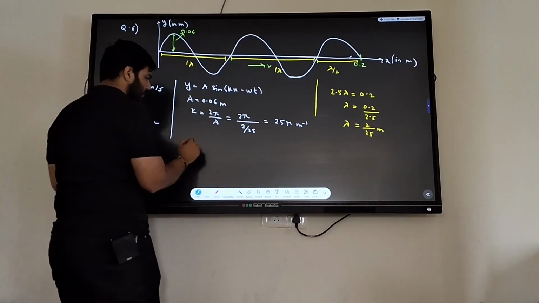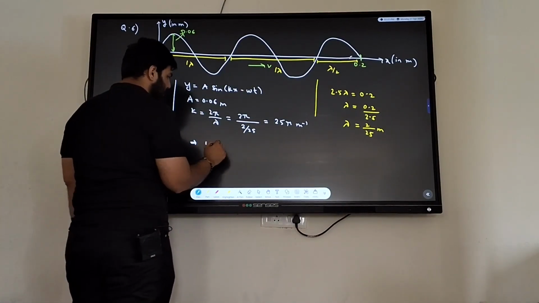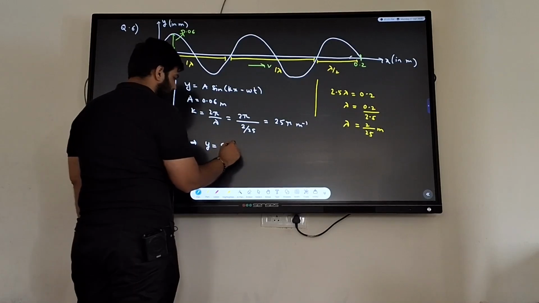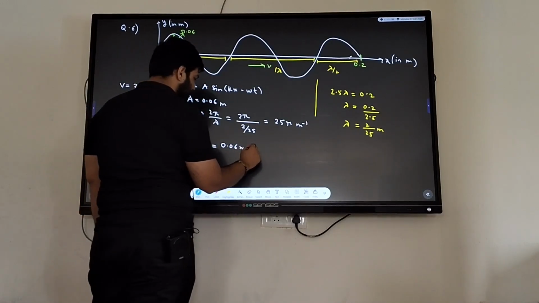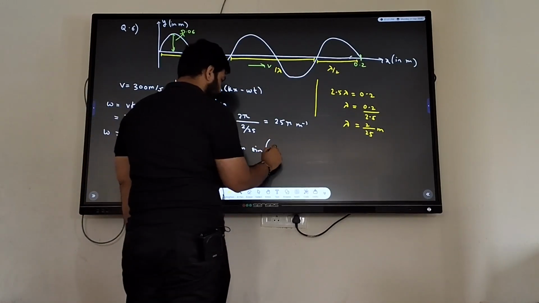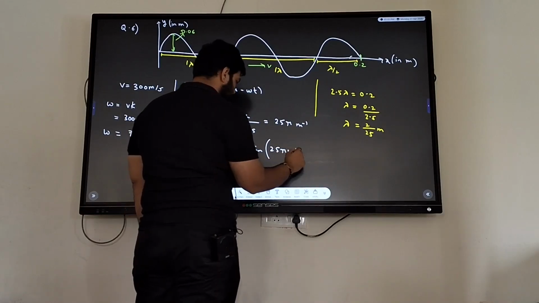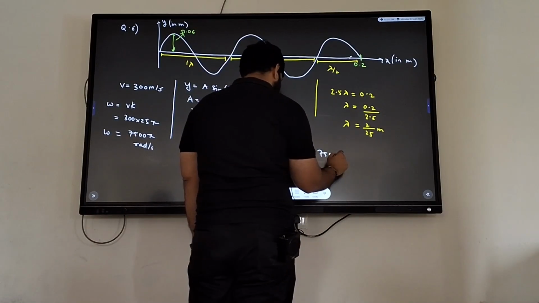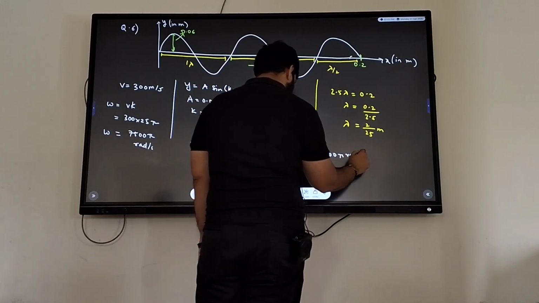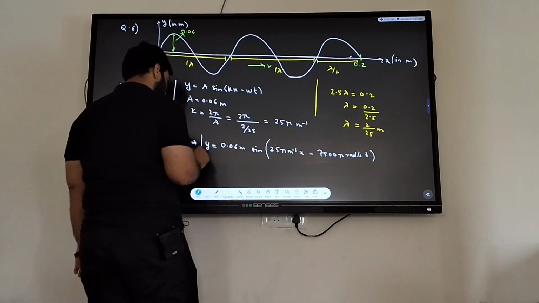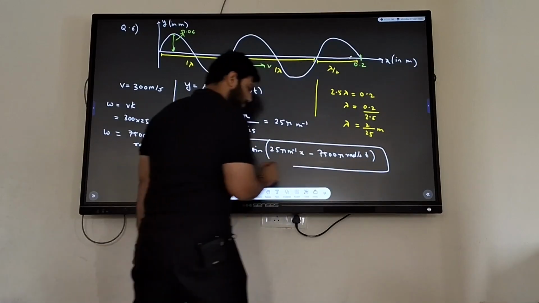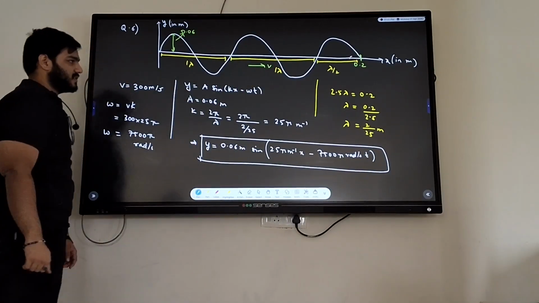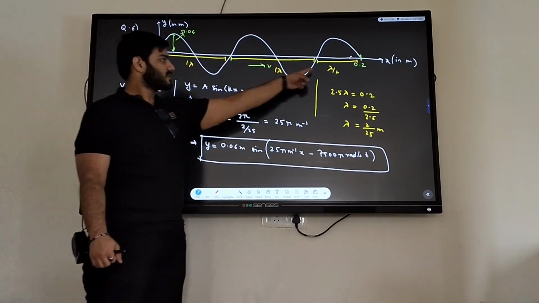Then I'm done with my question. y is equal to 0.06 meters sine(25 pi meter inverse x minus omega t), with omega 7500 pi radians per second. Do you understand? There was nothing problematic in this, I just found these.